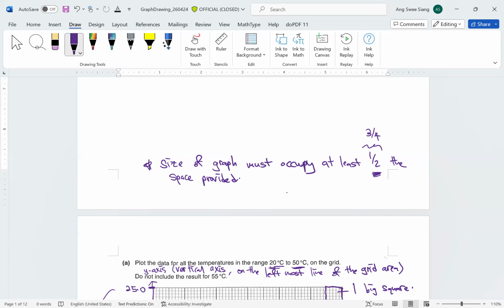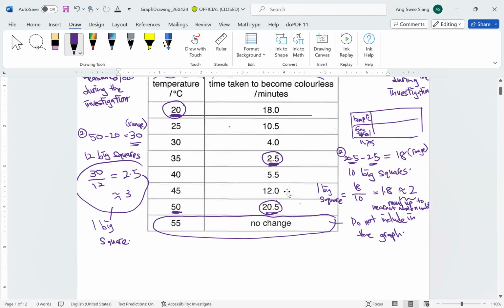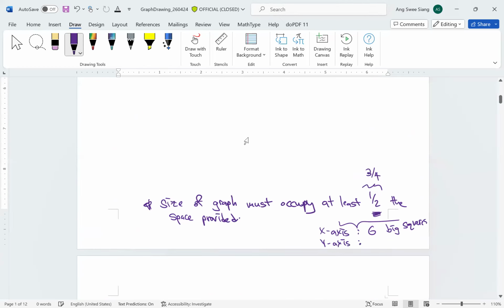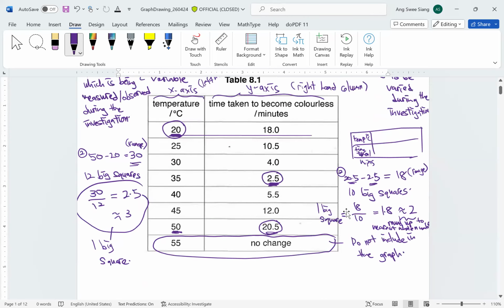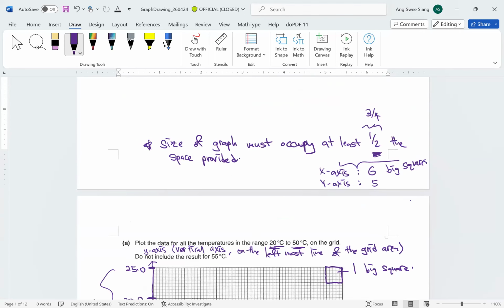I am very particular about it. I will count the number of big squares. In this example, when I say half, for the x-axis, your graph must cover at least 6 big squares. For the y-axis, this is 10, so your graph must cover at least 5 big squares.